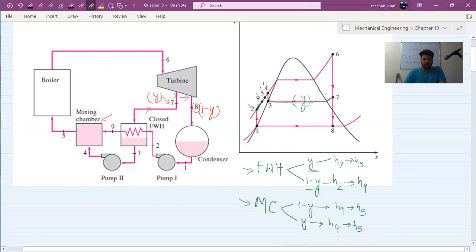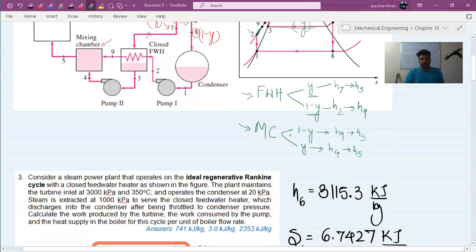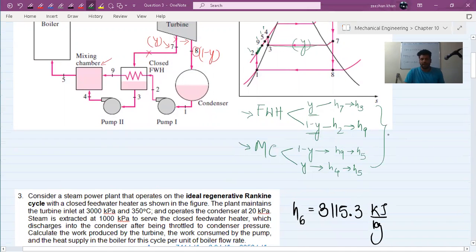So y amount of water, after being pumped, comes into the mixing chamber and comes down to state 5, and this is what happens in the mixing chamber. So these are very important for you. We are going to apply energy balance on these two systems. That is why it was important.